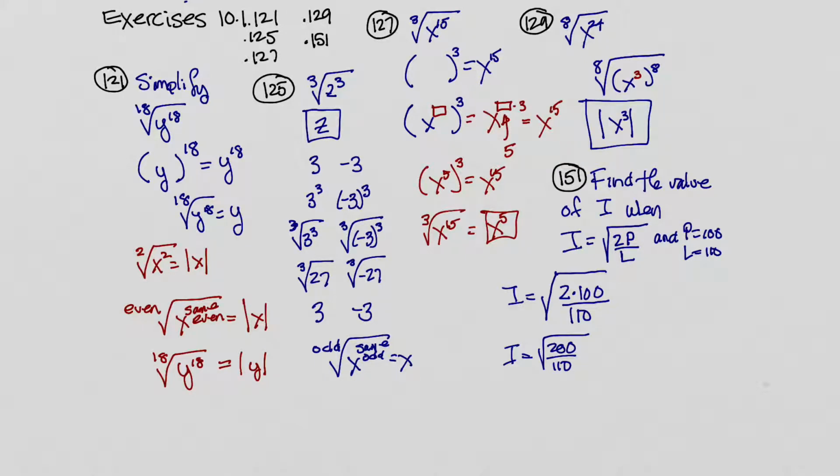And on my calculator I just typed in this. I hit the square root sign, I get parentheses. I put in 200, I divided it by 110, I closed the parentheses. And when I did that, I got, well, I'll approximate it. I got about this number here, 1.348, it just keeps going. So just to approximate this, let's approximate it here at 1.348.